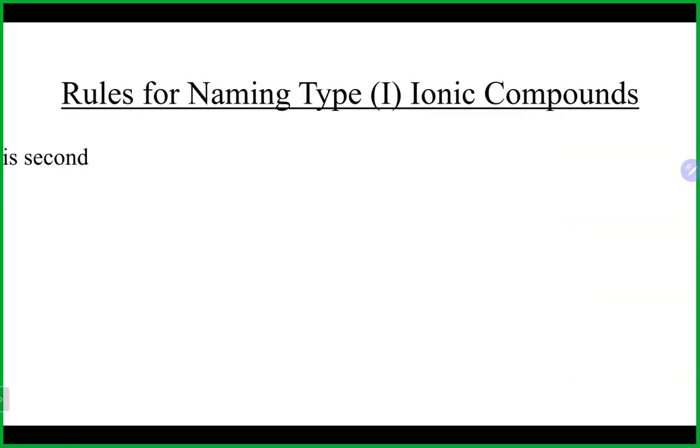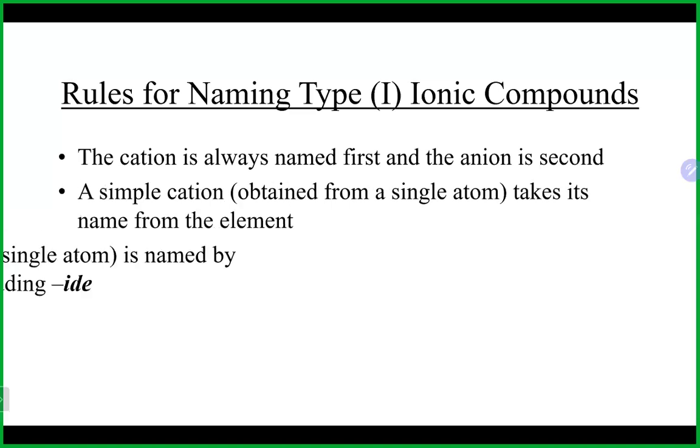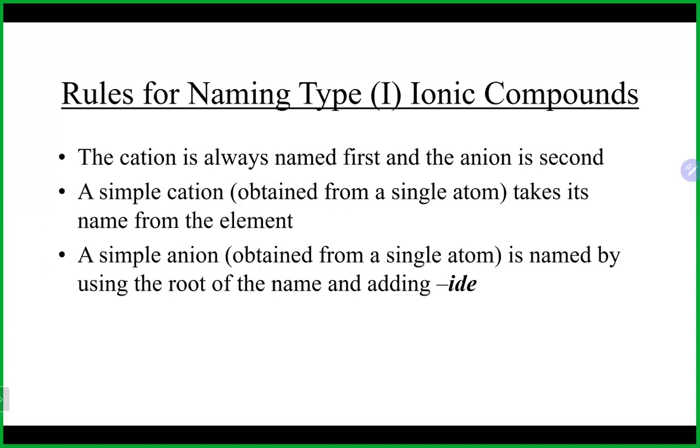So let's get into type 1 and how we go about it. Type 1 is pretty straightforward. You basically use the whole name of the metal, and for the non-metal, you drop the last part of the name and add -ide. So here's the deal. Take MgCl2.